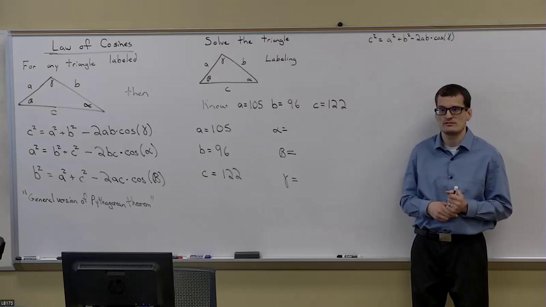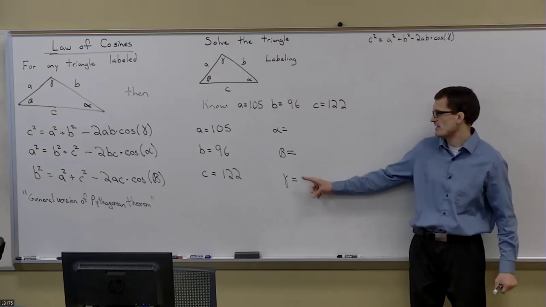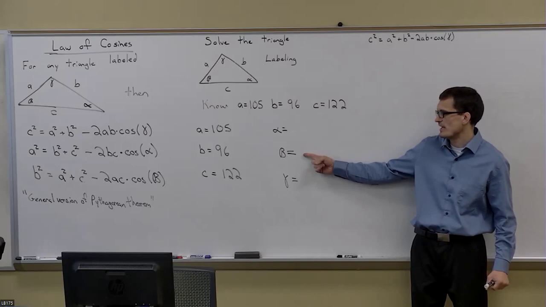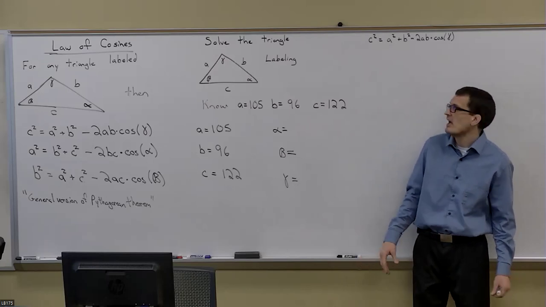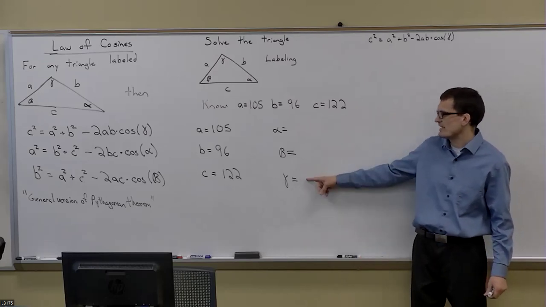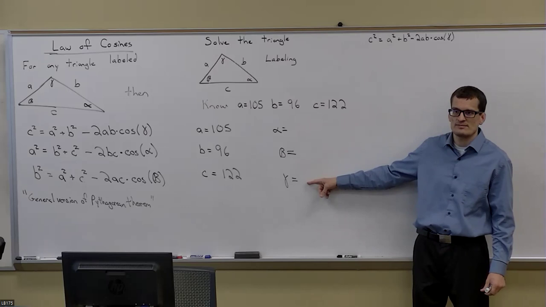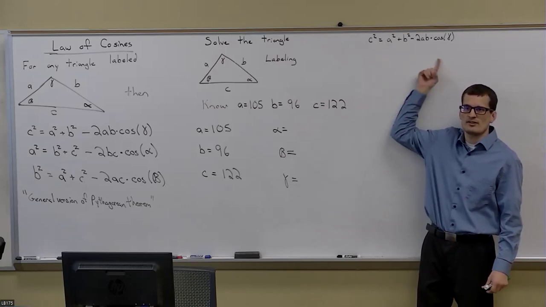It's basically picker's choice. Do you want to find the gamma first? Do you want to find the beta first? Or do you want to find the alpha first? Does not matter. I think I'll find the gamma. The only reason I chose gamma is so that I don't have to rewrite this on the board.